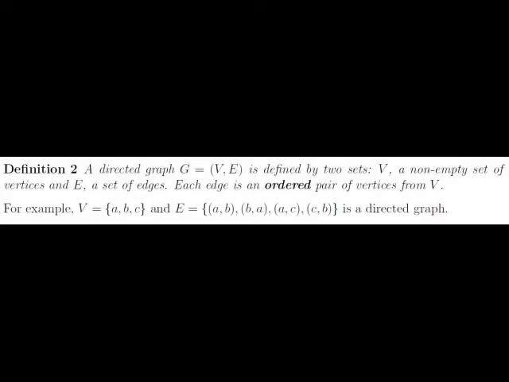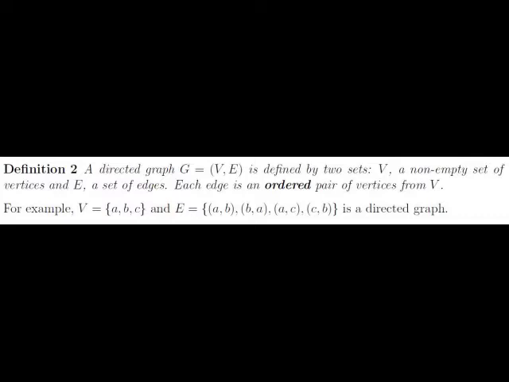Let's look into the other type of a graph. It's called directed graphs. So directed graphs, it's the same thing. It's a set of vertices V, a set of edges E. The only difference here is each edge is an ordered pair of vertices.